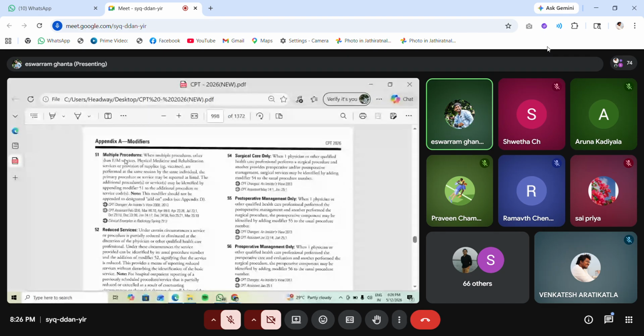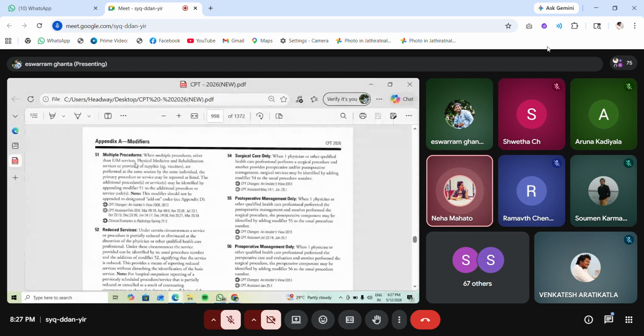Is this modifier suitable for that condition? Yes, because it is done in the same session. So that's why the 51 modifier is used.